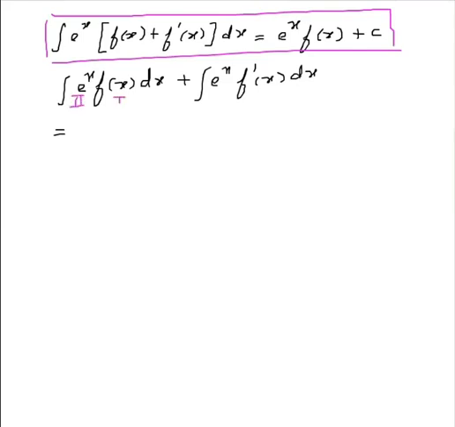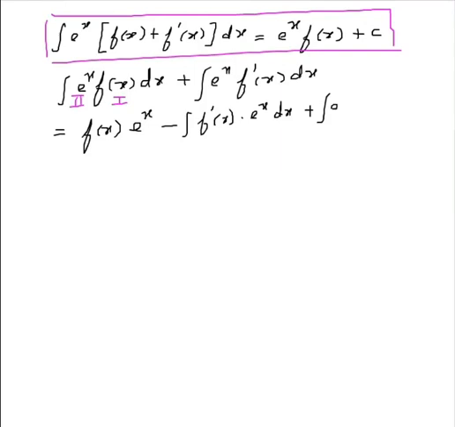So e power x is the second function, f of x is the first function. First function into integral of the second function. Integral of e power x is e power x, minus integral of the differential of the first function. Differential of f of x is f dashed of x, into integral of the second function dx.